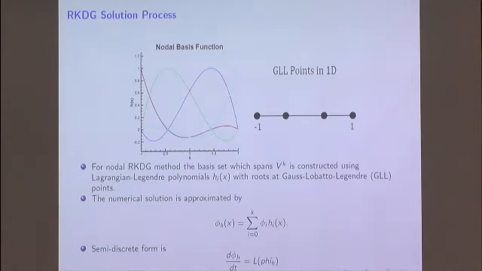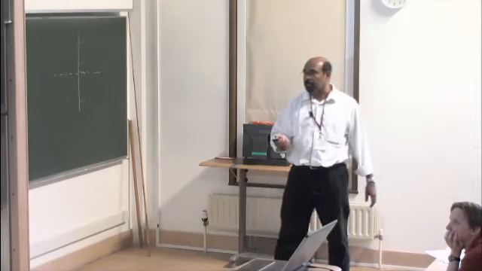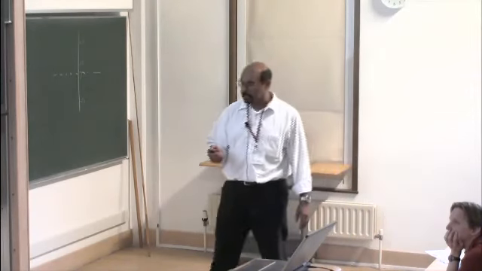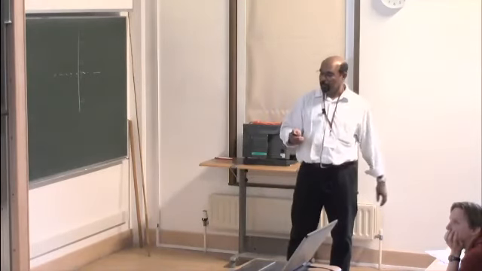It is not uniformly distributed at all. Your approximate solution can be represented in this form, where h_i is the basis function, which is a Lagrange polynomial. Finally, we substitute this into the weak formulation and end up with an ODE. You can solve this semi-discretized form by a variety of methods.